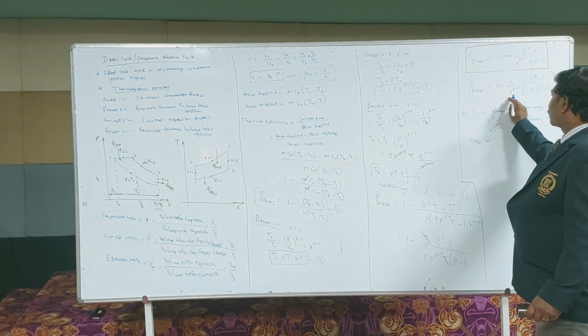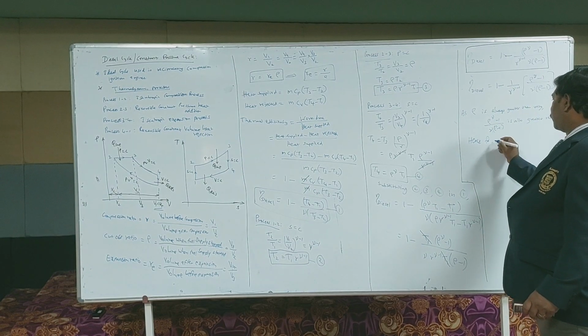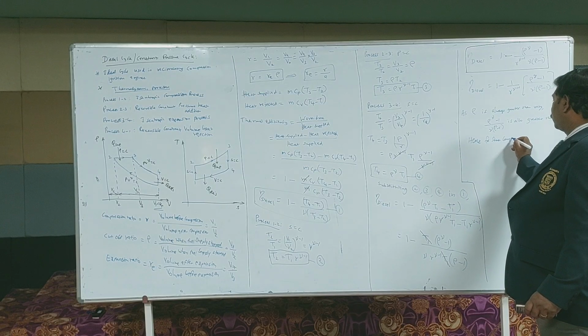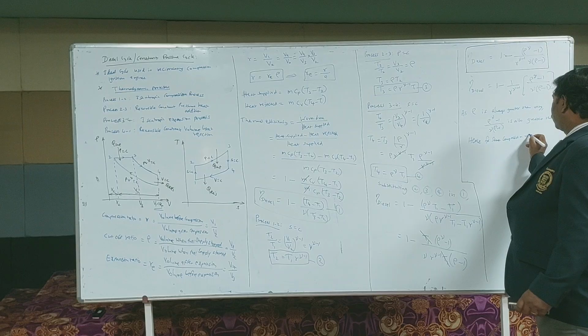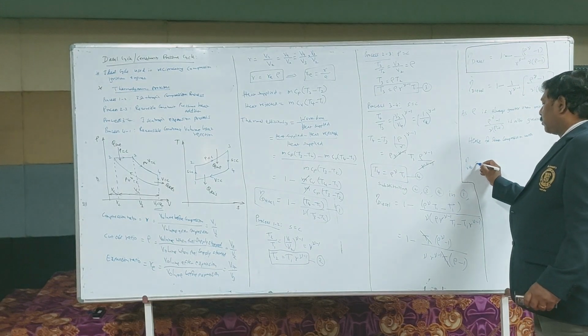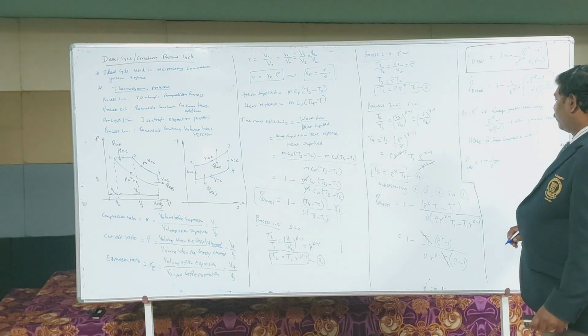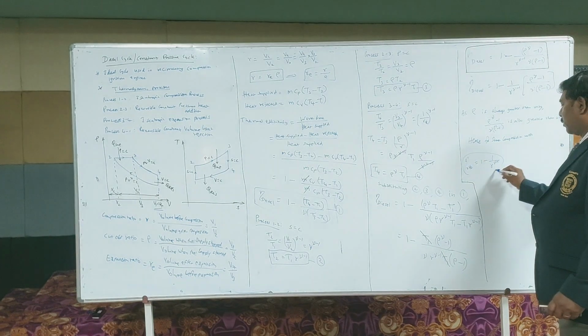for same compression ratio, since this is more than 1, for same compression ratio, we know efficiency of Otto cycle is equal to 1 minus 1 by R power gamma minus 1, right? This is the efficiency of Otto cycle.